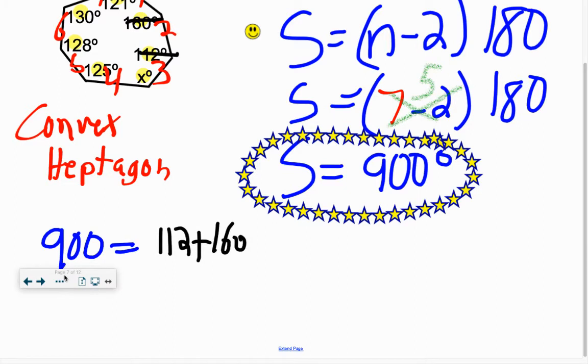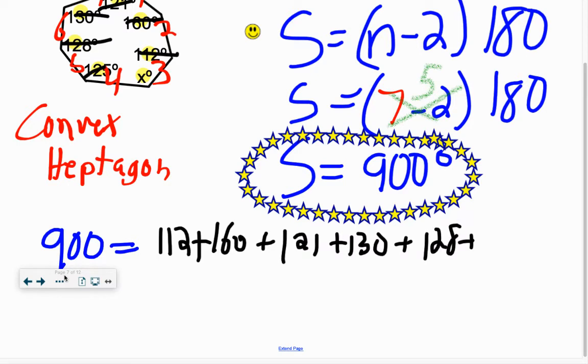I'm going to write in 160 plus 121 plus 130. Yes, you're going to have to write that on in on your notes. Yes, you're going to have to write that on in on your assignment. And then plus x. Again, when you count them up, 1, 2, 3, 4, 5, 6, 7 angles for a heptagon. Once you have done that, you're right. They're all still going to add up to 900 degrees.